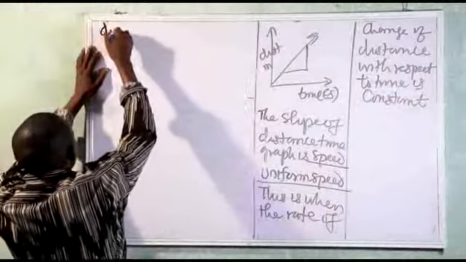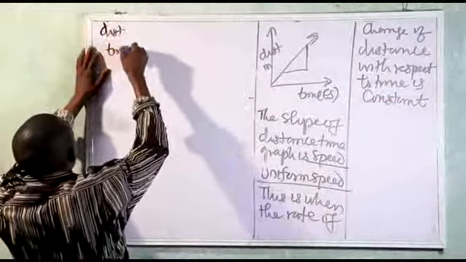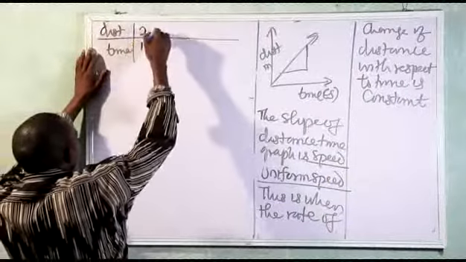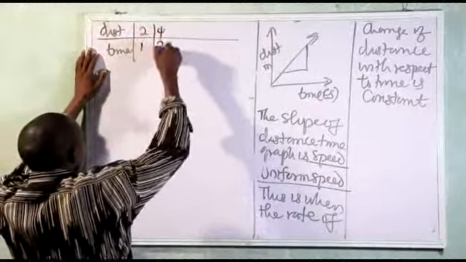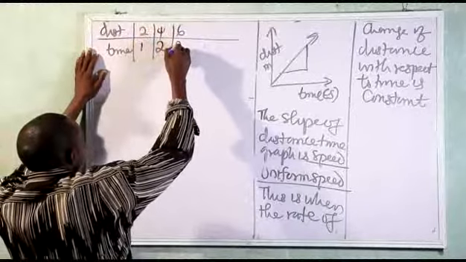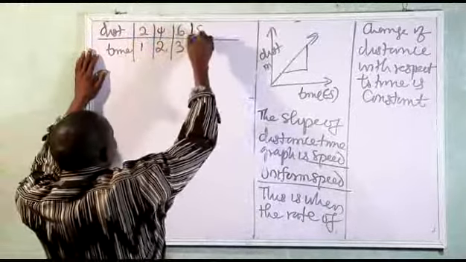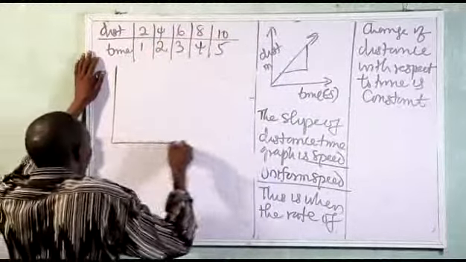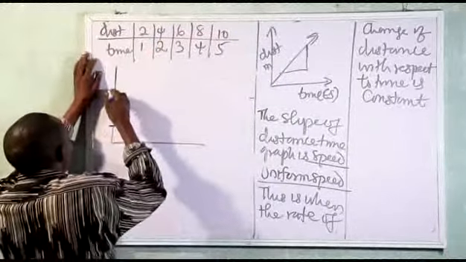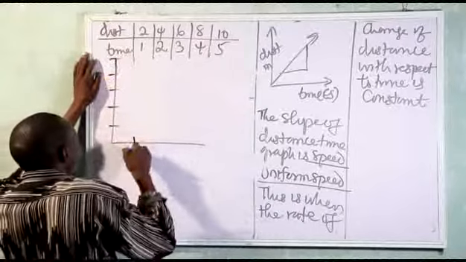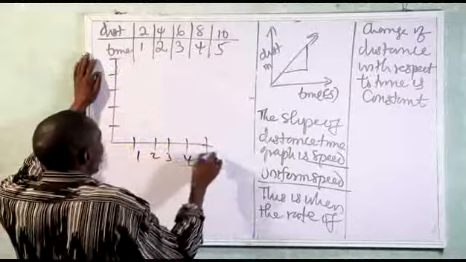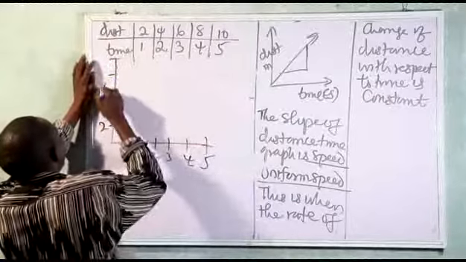This is distance, this is time: 2 meters, 1 second. Look at this variation: the distance on the vertical axis, the time on the horizontal axis. Time 1, 2, 3, 4, 5; distance 2, 4, 6, 8, 10.